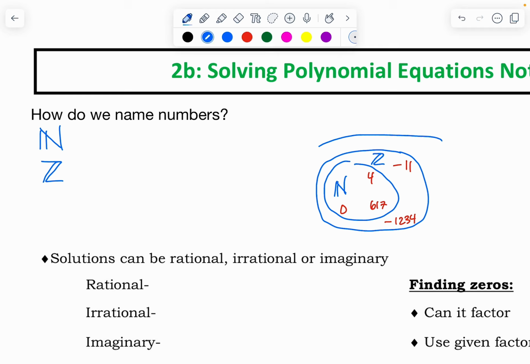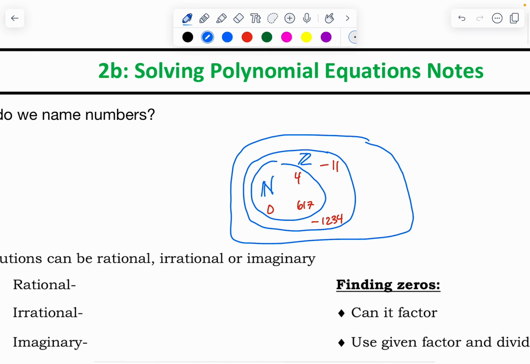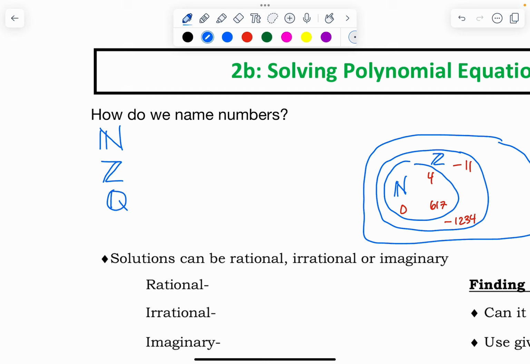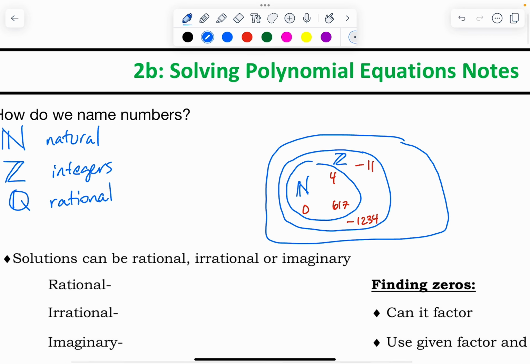Then we get to a set that's a little bit bigger than that. Okay, so these were natural, and these are integers. Q means rational numbers, and the rational numbers with this Q are anything that can be written as a fraction.